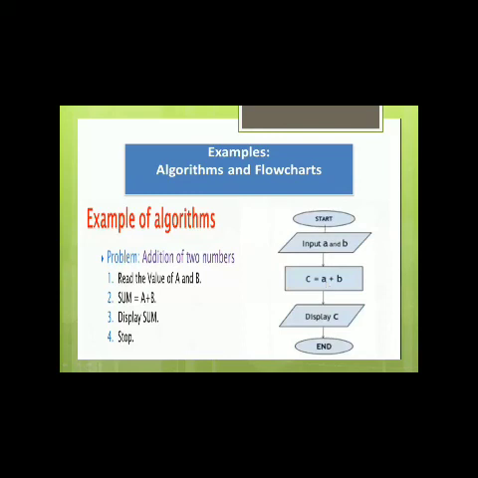So here I have written C is equals to A plus B. Then next will be display C or print C. That is the output, this is our output box, so that's why we have taken it as a parallelogram. And lastly, it will be a stop box, that is an oval box.